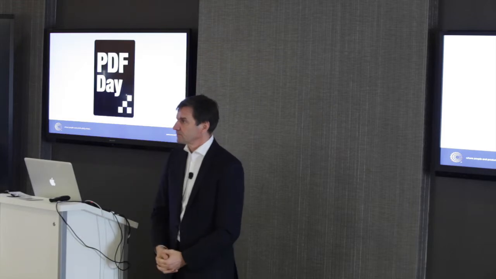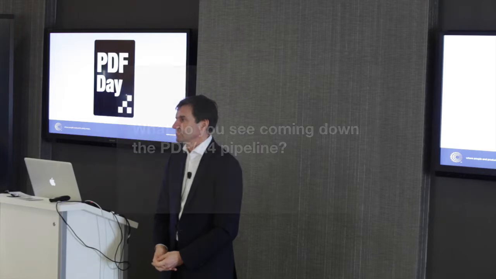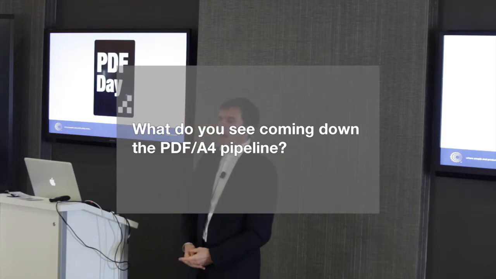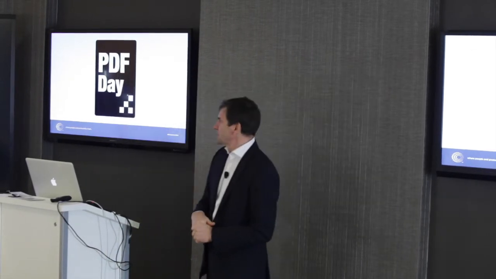So what do you see coming down the pike as it relates to PDF-A4? Obviously there's been kind of an evolution of the standard. Where is it? Okay, yeah, this is a good question.